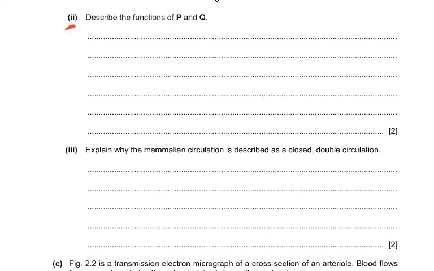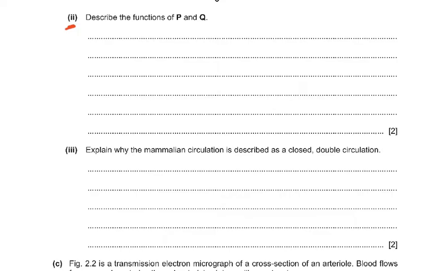Then the part 2 of the question, describe the functions of P and Q. So what are the functions of P and Q? What is the function of the aorta and the vena cava? So you could have said aorta transports oxygenated blood to the body, got a mark for that, or you could have said aorta transports blood at high pressure to all the organs of the body. That's the same mark scheme point.